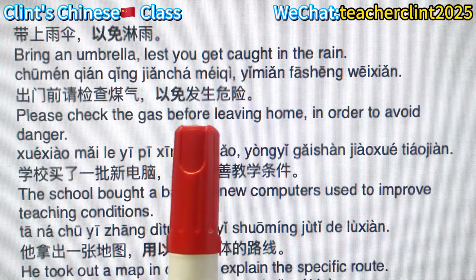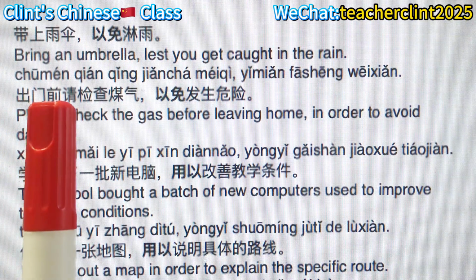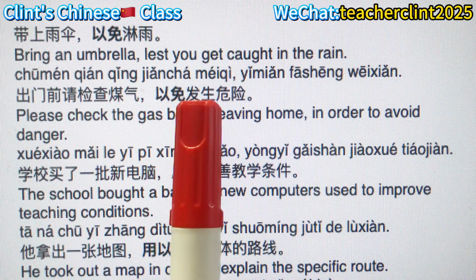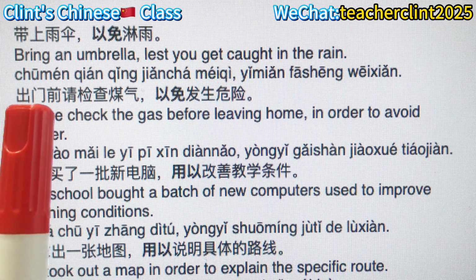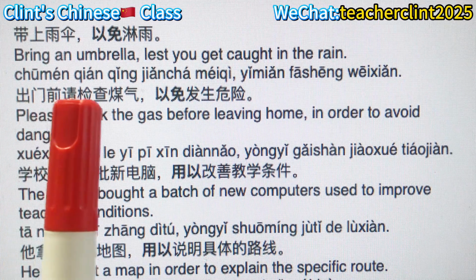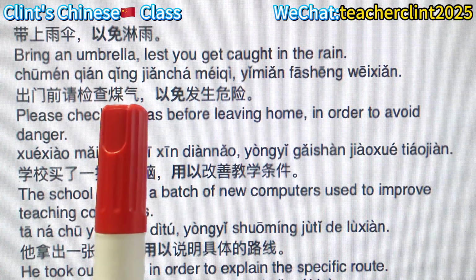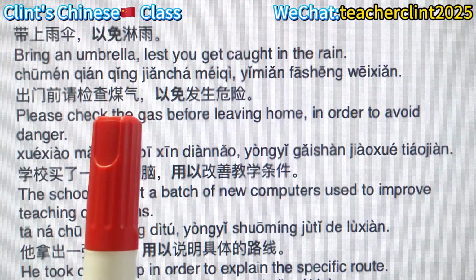Please check the gas before leaving home in order to avoid danger. 出门前请检查煤气，以免发生危险。So 出门前 before going out. So this shows the time adverb. 请 please, 检查 check, 煤气 gas or the natural gas stove, right?